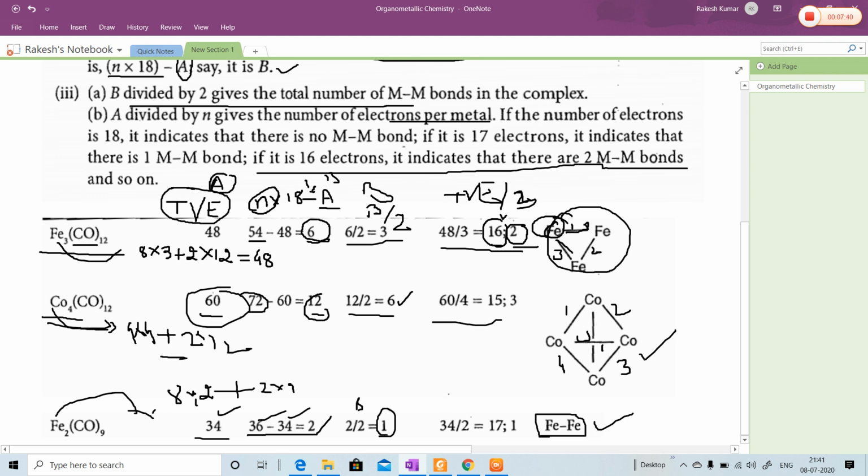And when we divide the total valence electron, A, by 2, then you will get 17, meaning each metal has 17 electrons. So in this way, we can calculate the total valence electron as well as the metal-metal bonds in the complex, and the number of electrons with each metal.